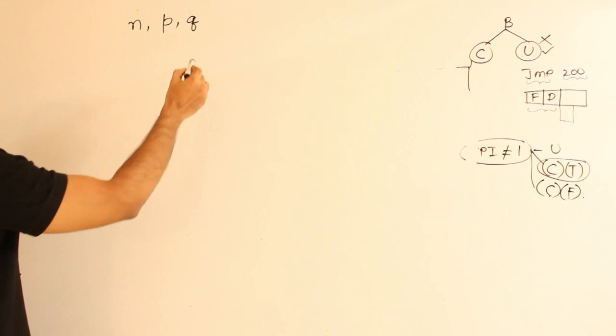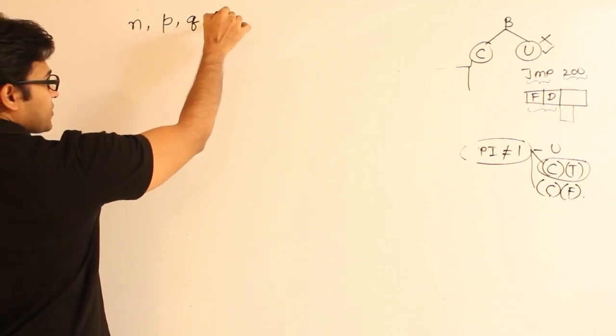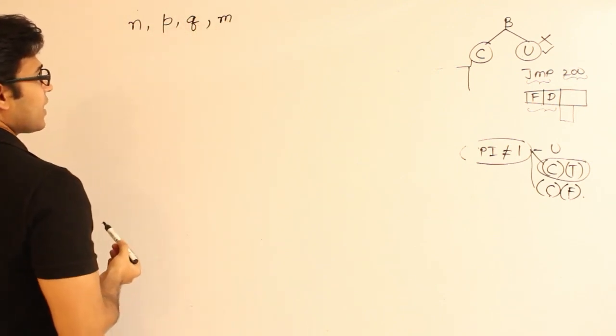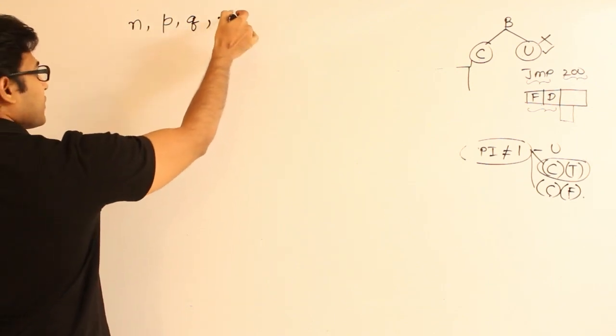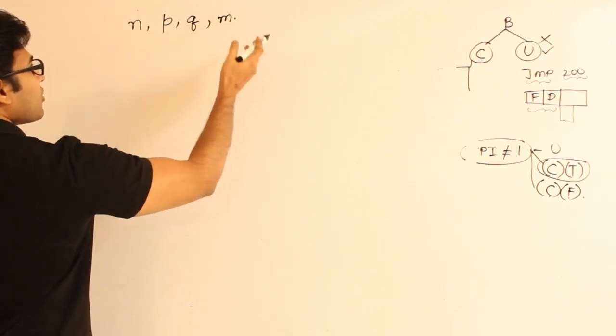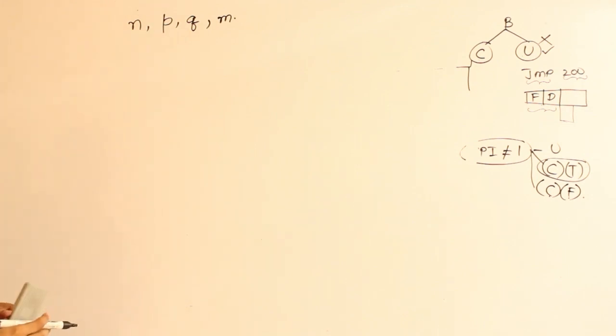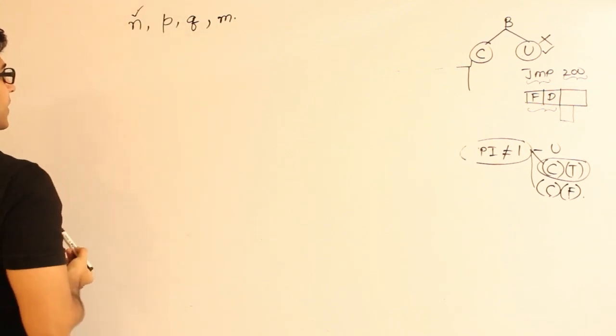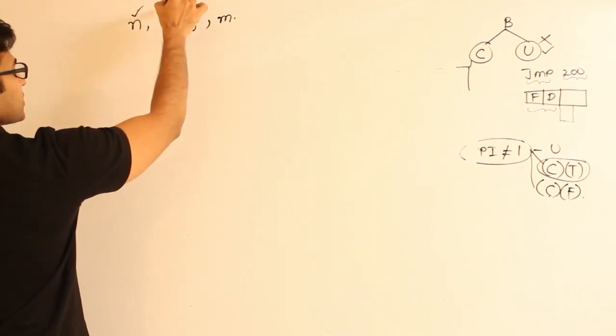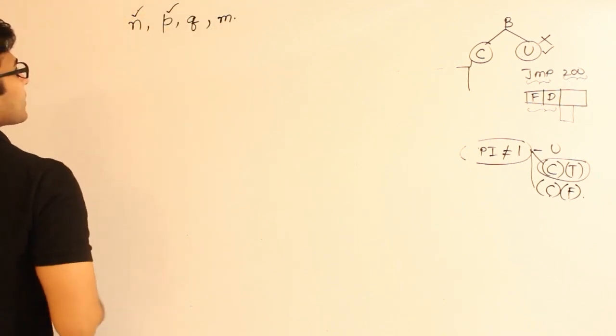And assume that our pipeline has m stages, and we will be able to find out the target instruction address only at the end of m cycles. Are you getting this? So totally we have n number of instructions, and the probability that a given instruction is a conditional branch instruction is p.